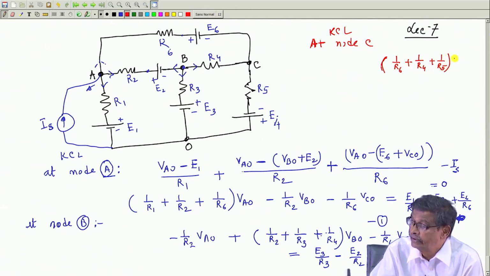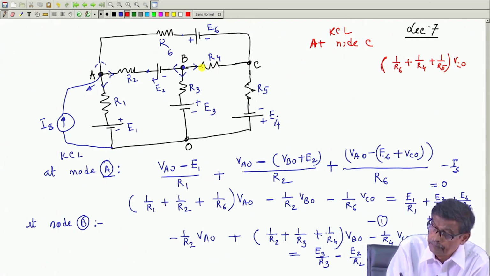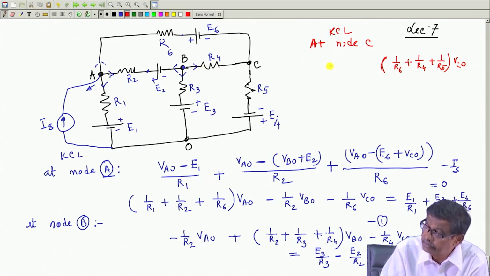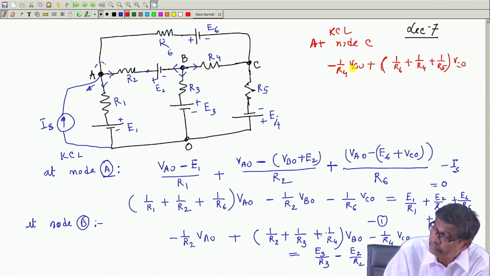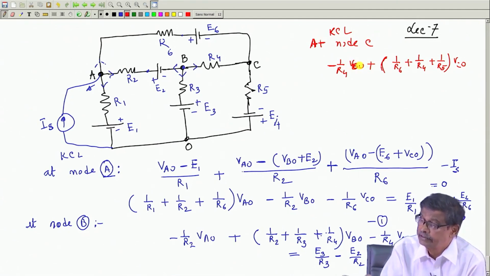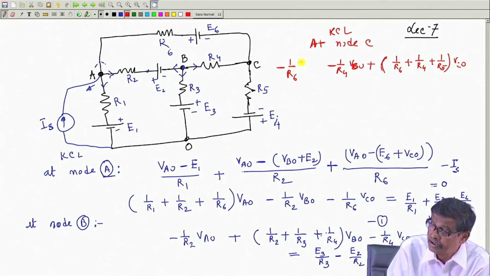This will be the left hand side, and coefficient of VCO is this. Coefficient of VBO will be minus 1 by R 4 into VBO. And coefficient of VAO will be minus 1 by R 6 into VAO.